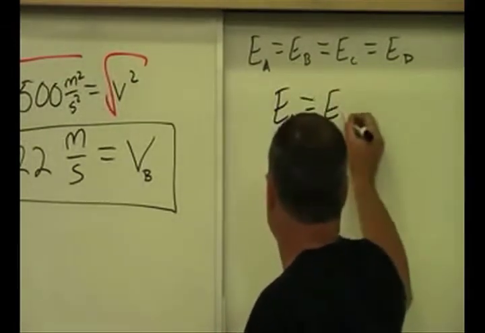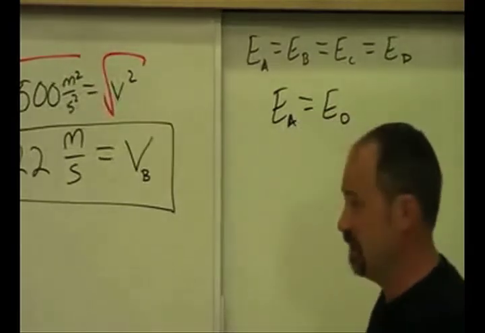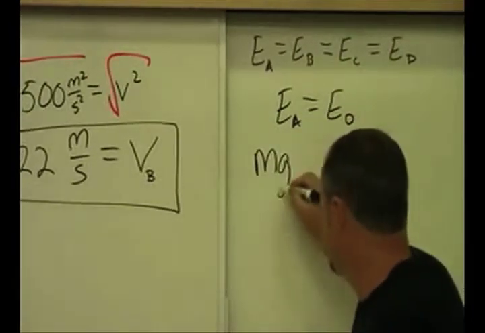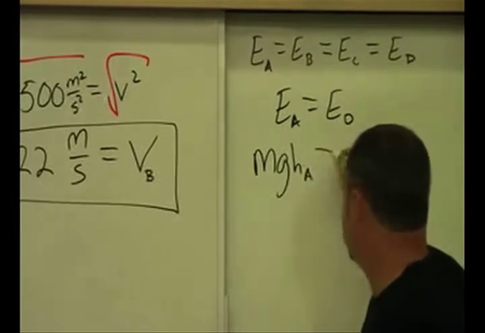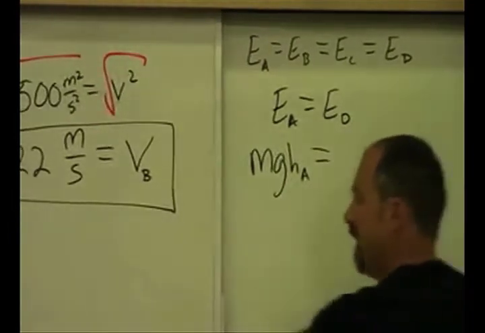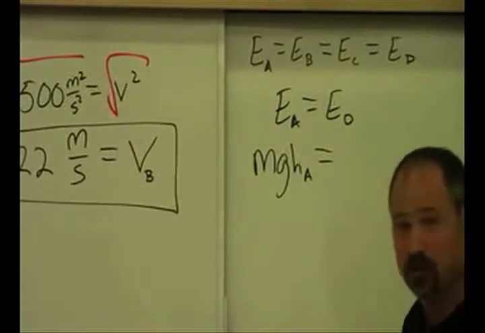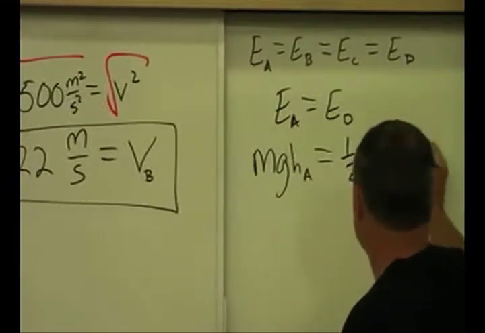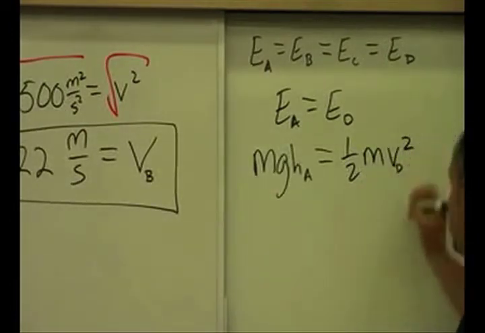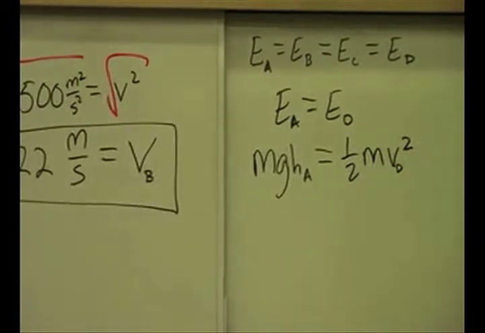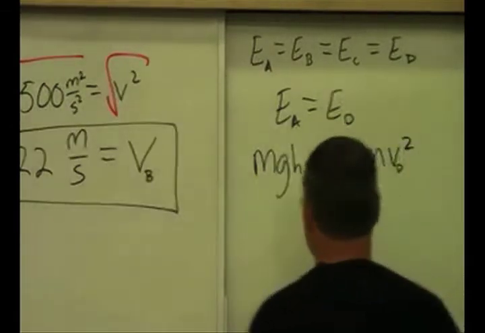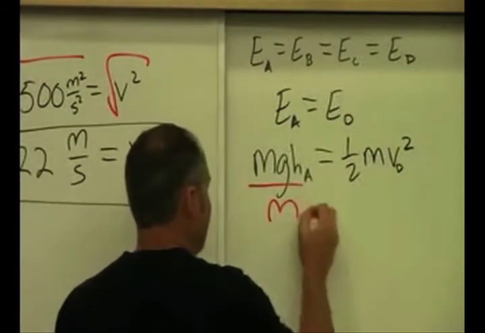So the energy at A equals the energy at D. And we have just potential energy, so just mgh. And at point D, the height is 0, so there is no potential energy. There's only kinetic energy, 1/2 mv squared. And that's the speed at point D. So going a little faster this time, I'll cancel the m's from both sides, so divide both sides by m.